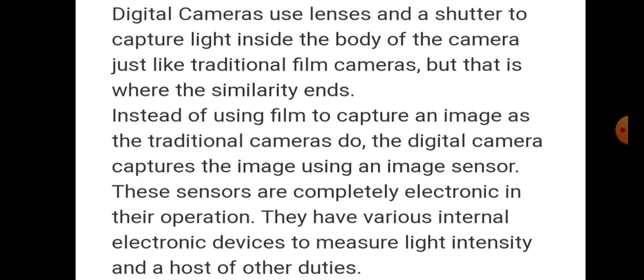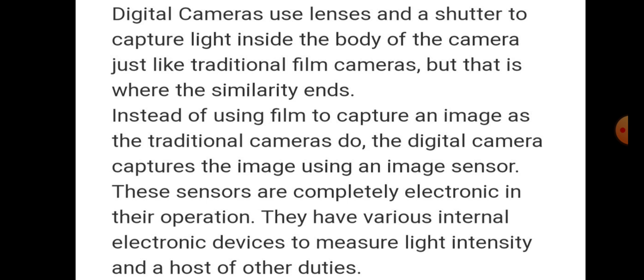फिल्म का यूज़ किया जाता था ट्रेडिशनल कैमरा में, whereas we could see there is no use of any film in the digital camera. Instead of using film to capture an image as the traditional cameras do, the digital camera captures the image using an image sensor. तो जो फिल्म का यूज़ है वो कहाँ होता था, ट्रेडिशनल कैमरा, पहले के जो ओल्ड कैमराज होते थे उसमें होता था, but now in digital cameras there is no film, उसमें किसी फिल्म का यूज़ नहीं होता.